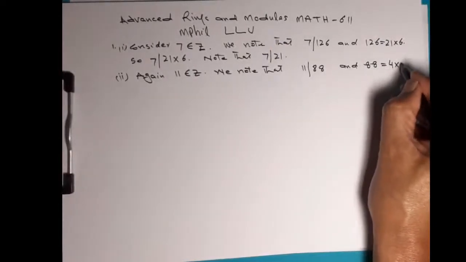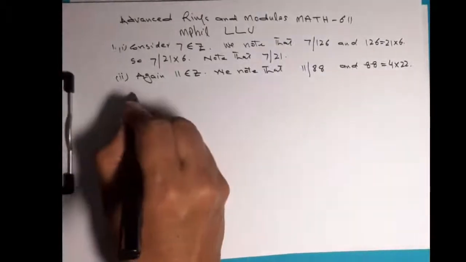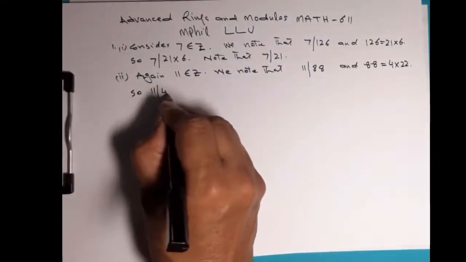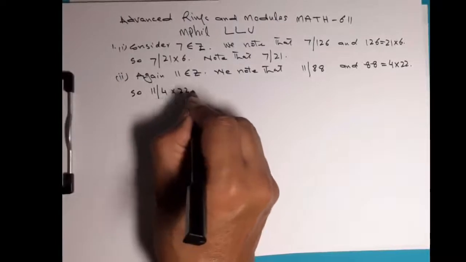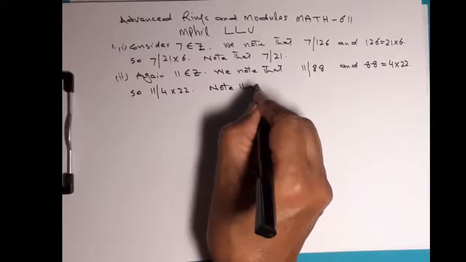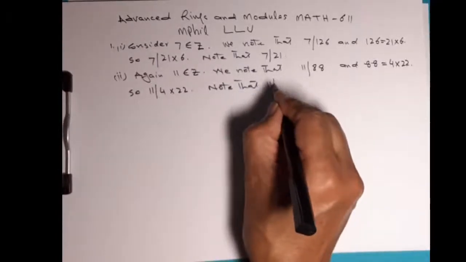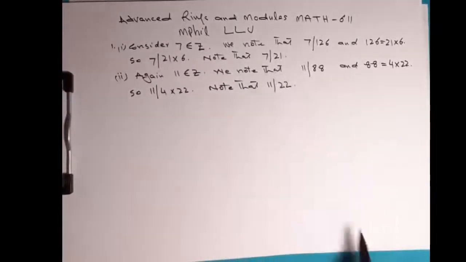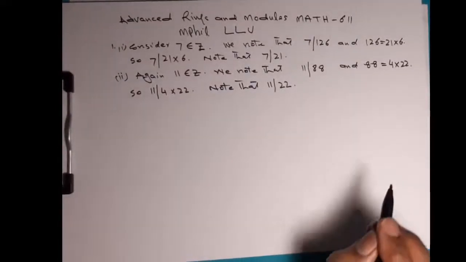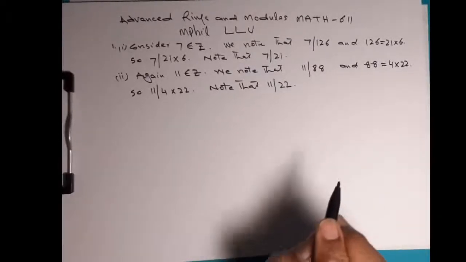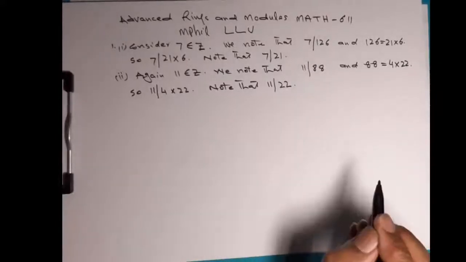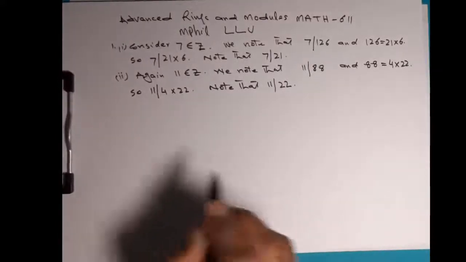So 11 divides 4 multiplied by 22. Note that 11 divides 22. So in fact what we have noted is that if a prime divides the product of two integers, then that prime divides one of them, maybe both, but at least one of them.